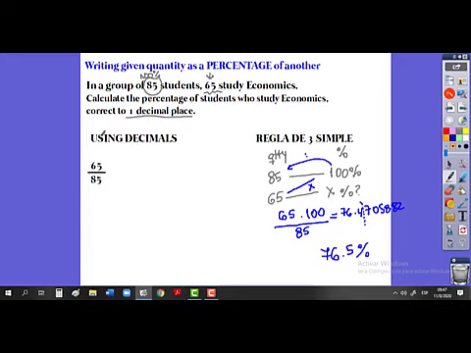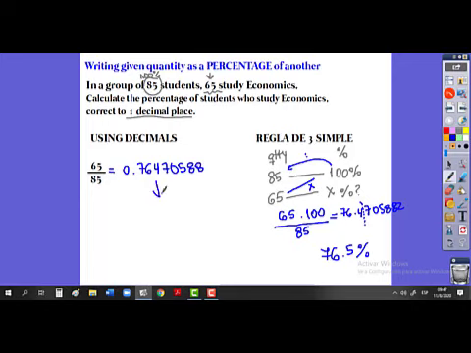You could use decimals or fractions or both at the same time. Remember that a fraction tells you that 65 out of 85 students study economics. When we do 65 divided by 85 we get 0.76470588.